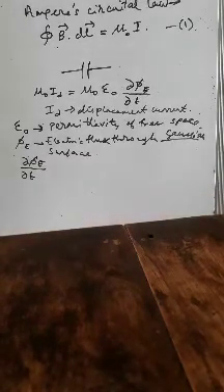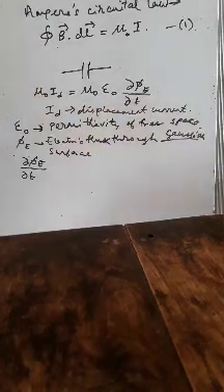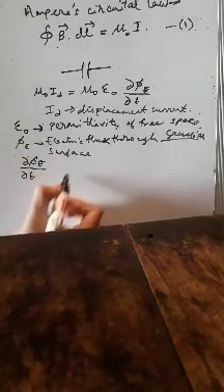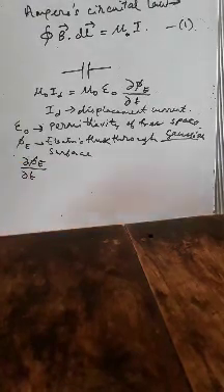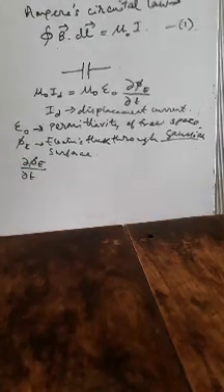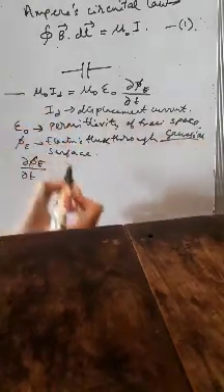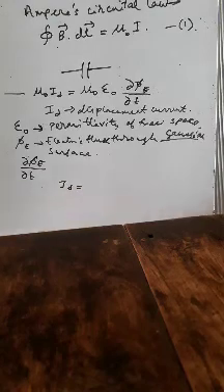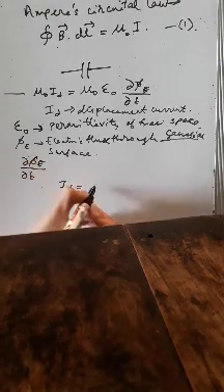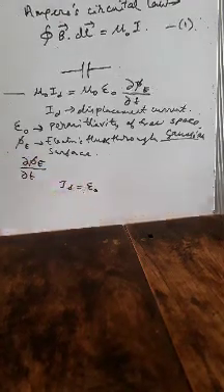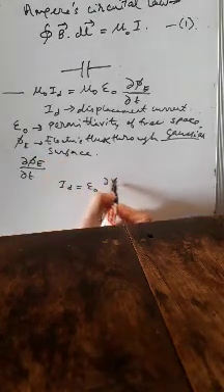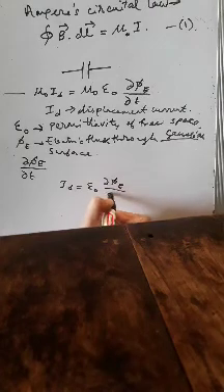So this particular equation, I'm writing it once again, becomes I_D equals epsilon naught del phi E by del t.